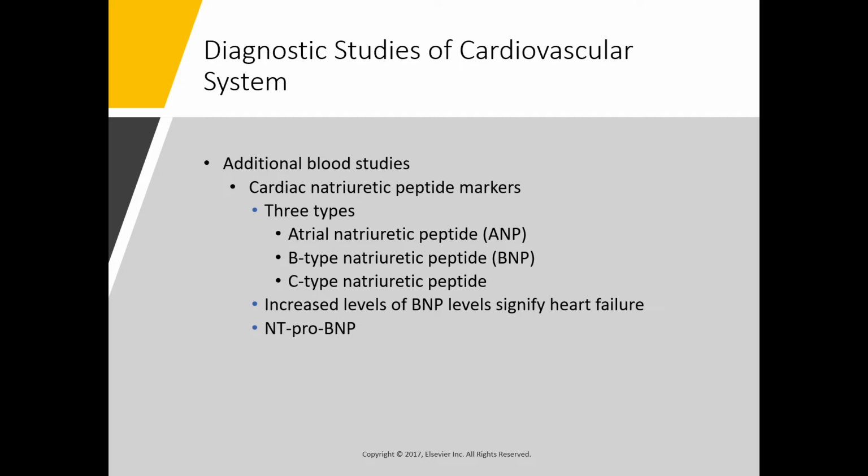Now, for the longest time, BNP was and still is the hallmark blood lab drawn for congestive heart failure, right? And that's true, but it's much more than that. BNP was discovered like 10 years ago.